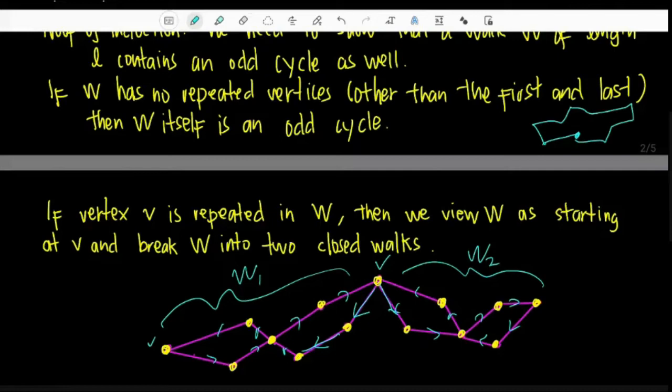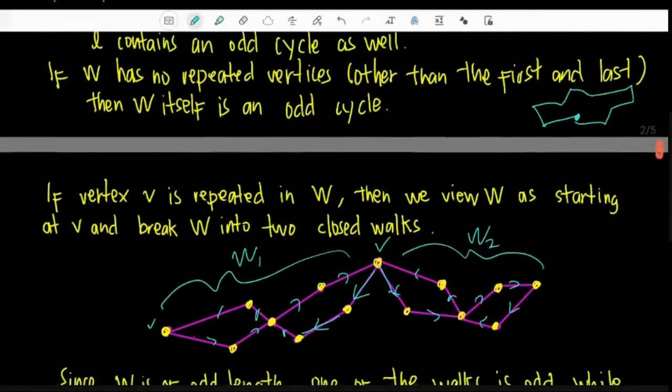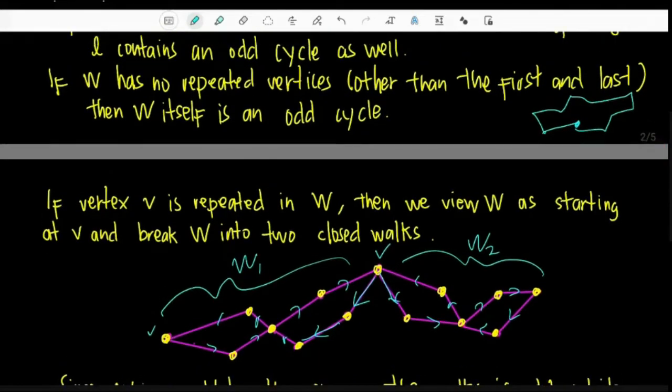So since W1 is an odd closed walk, which is of length shorter than L, shorter than the length of W, then by hypothesis, W1 must contain an odd cycle, right? Because it's a closed odd walk shorter than L. Actually, in our illustration, this is the odd cycle that we're looking for. So this is an odd cycle.